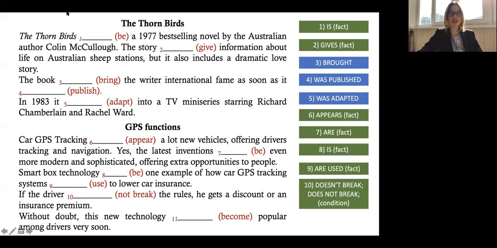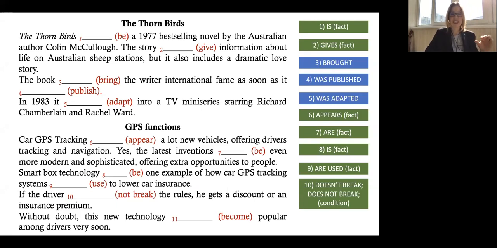I have already explained to you 4 meanings of present indefinite tense, and we also have this "if" in the beginning of the sentence. If the driver doesn't break the rules, he gets a discount or perhaps an insurance premium. Why do we use here the present indefinite tense?